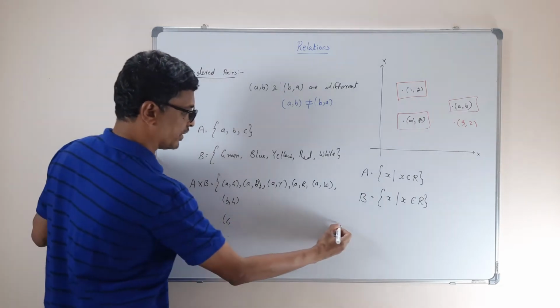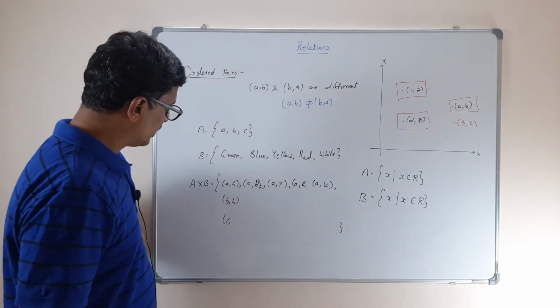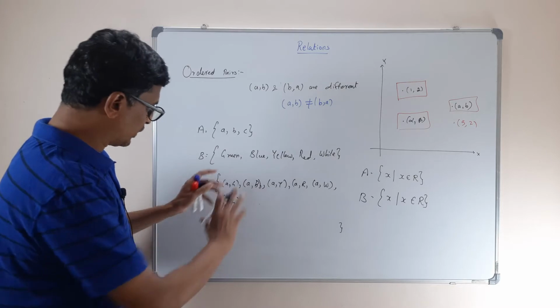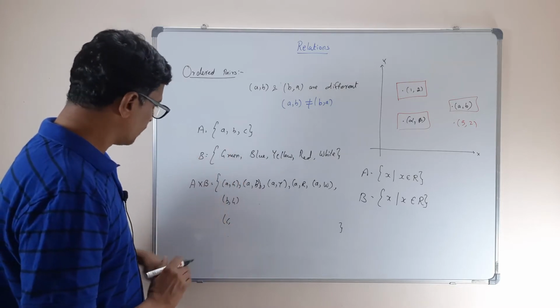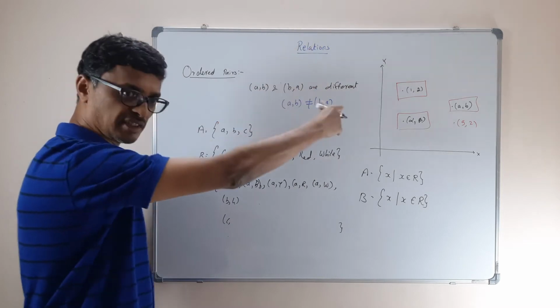Correct? So finally you have the Cartesian product. Similarly, you can find it for numbers also, but here it will be infinite because these are infinite sets.